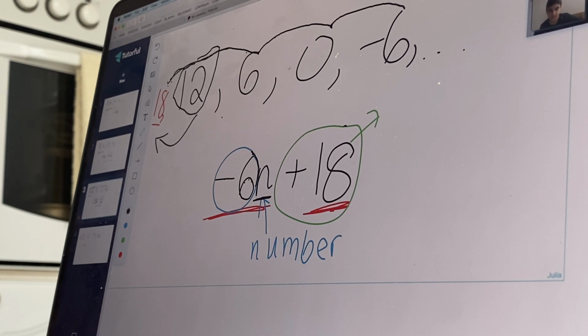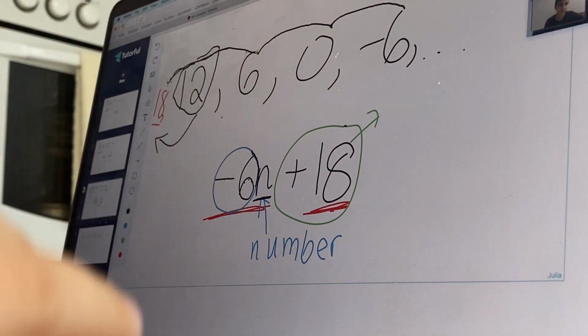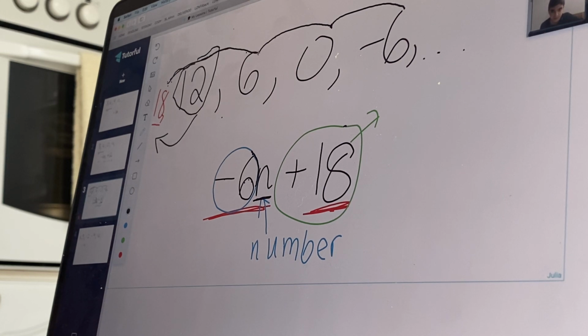So say you're going to find the 20th term, it's telling us how much you're finding out of it.